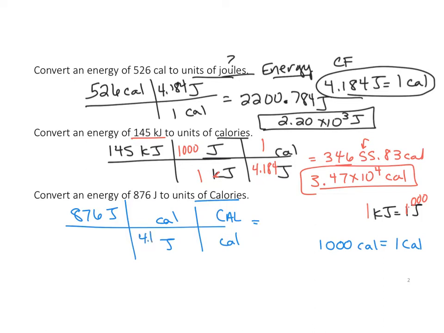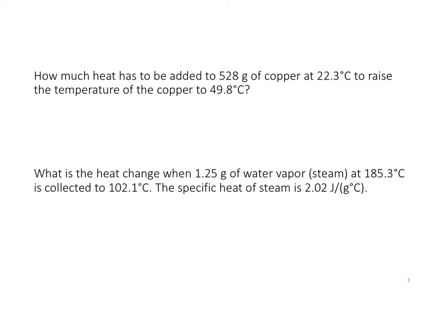So 4.184 for 1, and then we have 1,000 little cal for 1 big Cal. So 876 divided by 4.184 divided by 1,000, and that is 0.209 Cal with a capital C. Okay, so you can see that in chapter 6.